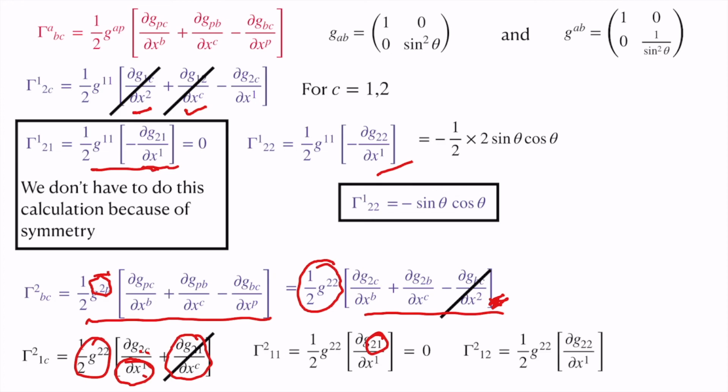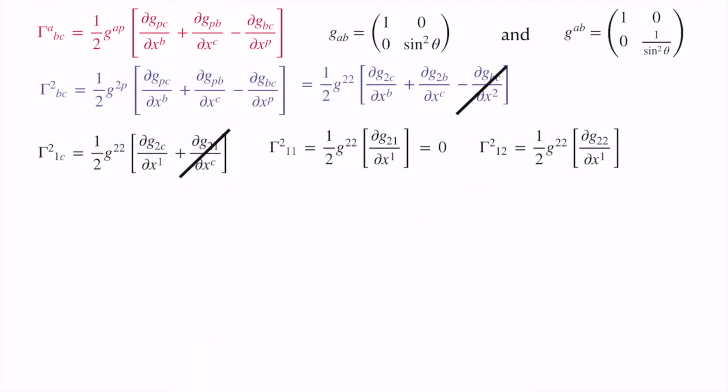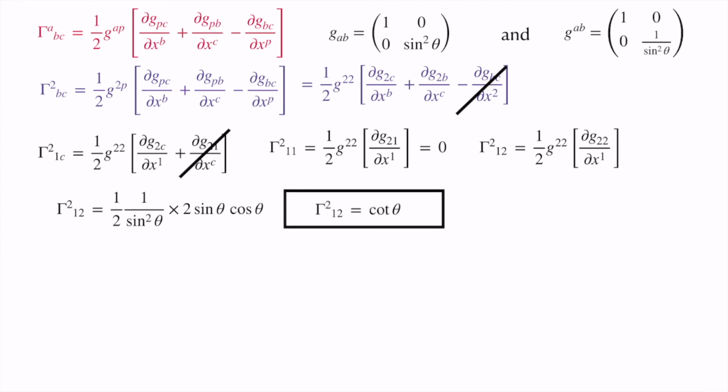Now we can compute the other term, gamma 2 1 2, which turns out to be half G22 inverse and differentiation of G22 with respect to x1, which is non-zero. So we have to compute that, and that turns out to be half, 1 by sine square theta, into 2 sine theta cos theta. So that leaves gamma 2 1 2 equal to cot theta.